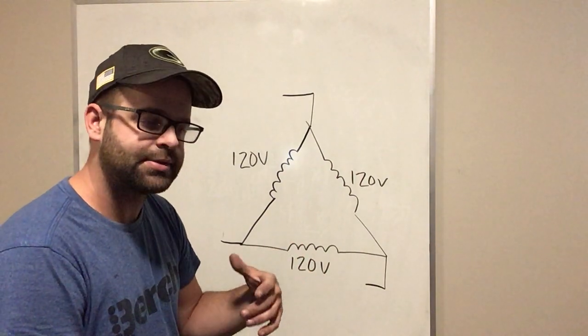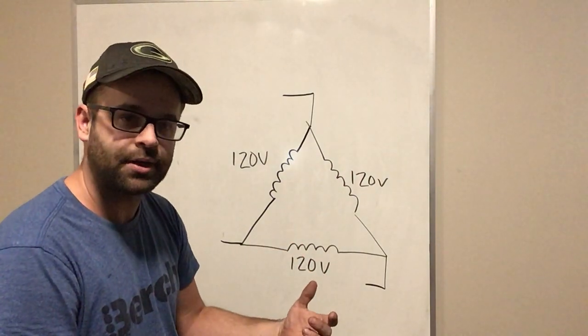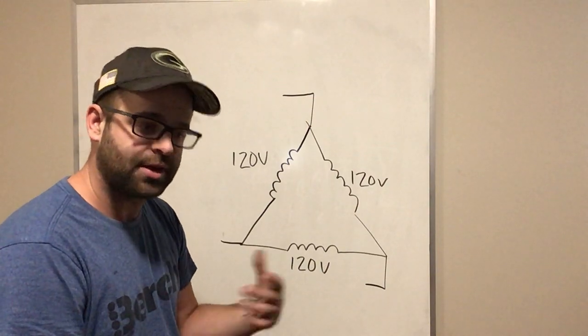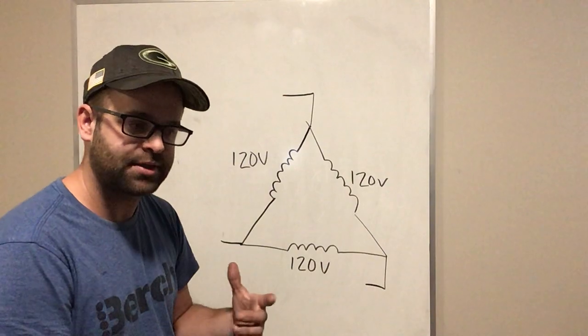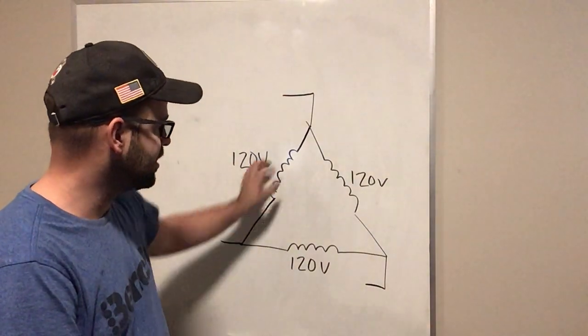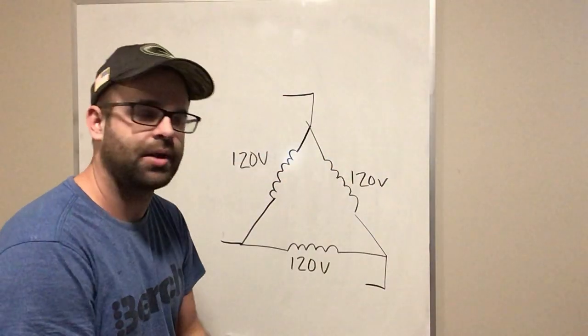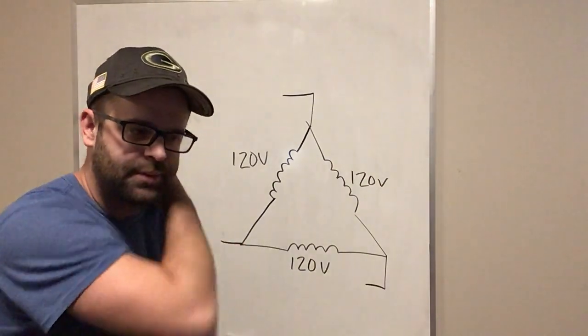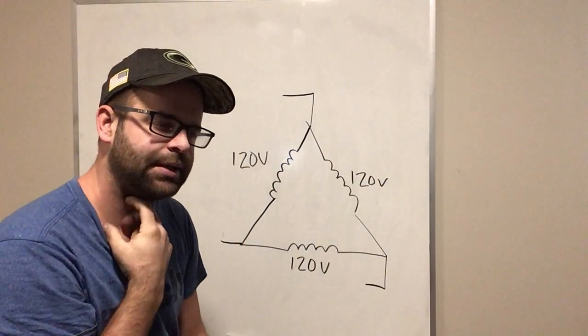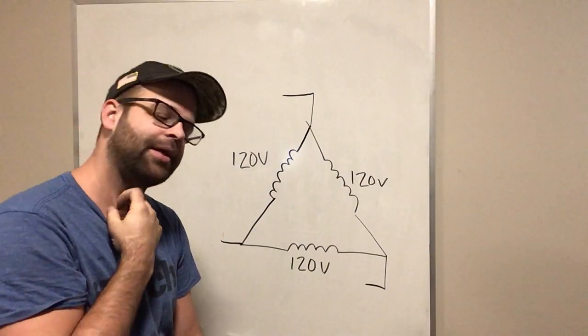A three-phase Y connected alternator or a three-phase delta connected alternator internally looks the exact same. There's nothing different. It's just how these connection points are made on each side, which I'll break down maybe in your lab class when I end up seeing it.